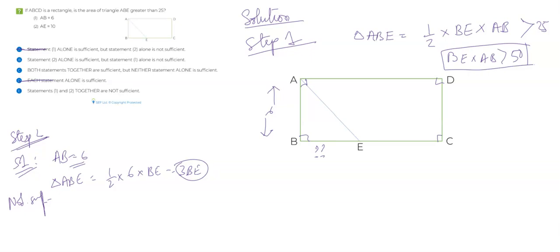Now, let's move on to the second statement. Since we are analyzing just the second statement, it makes sense to remove all these things and simply focus on the part where AE is 10.